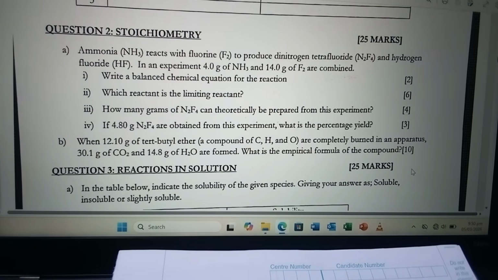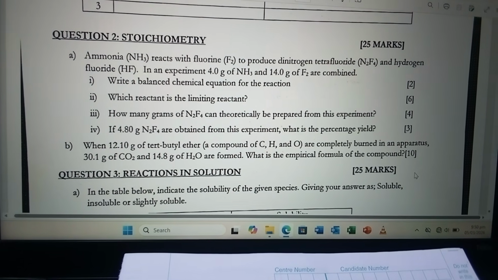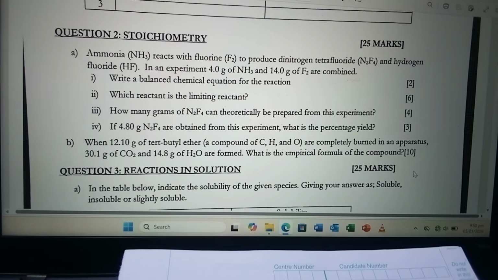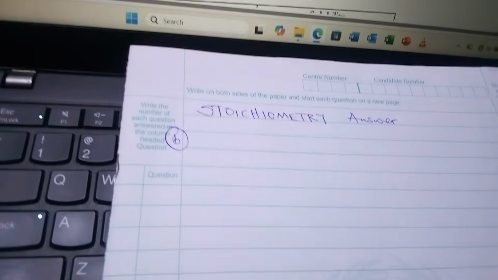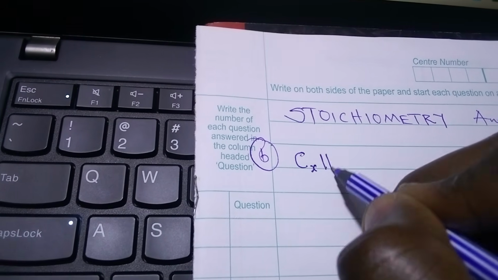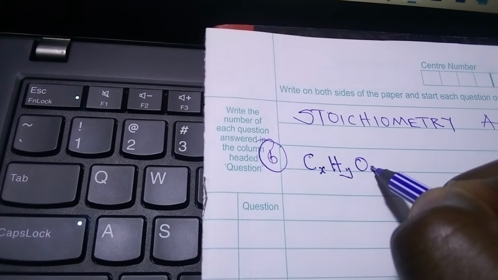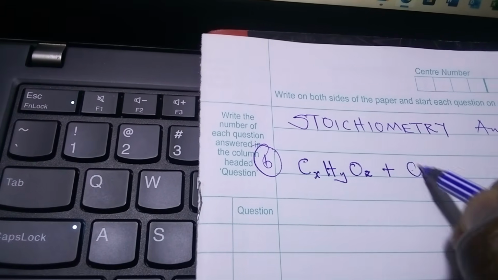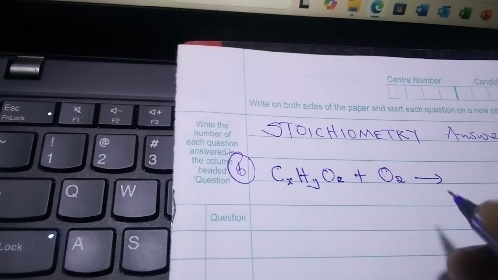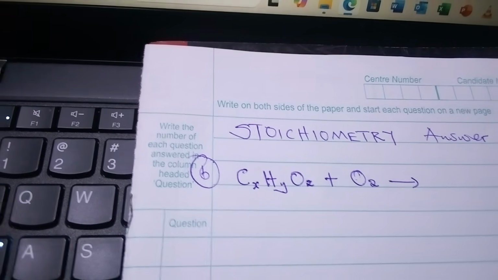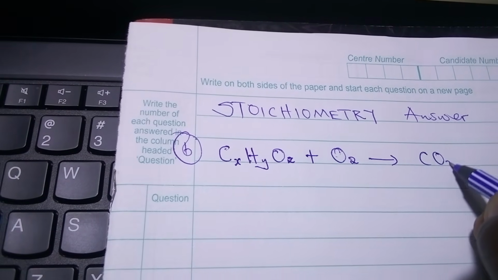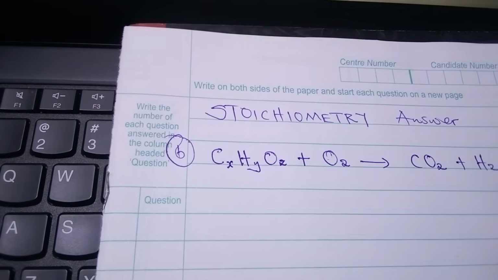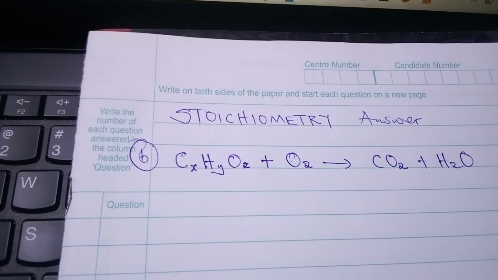So this question is under combustion analysis, and you have to be very careful and pay particular attention when answering this kind of question. They are saying a compound having C, H, O reacted with oxygen. This process is what we call complete combustion. When complete combustion takes place, CO2 plus H2O is produced.